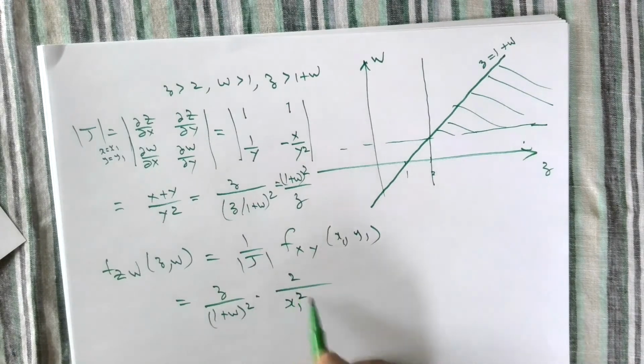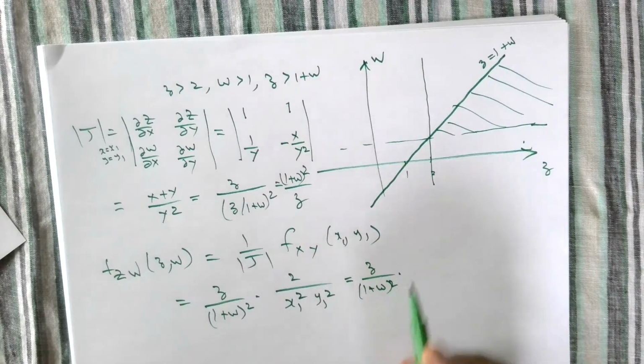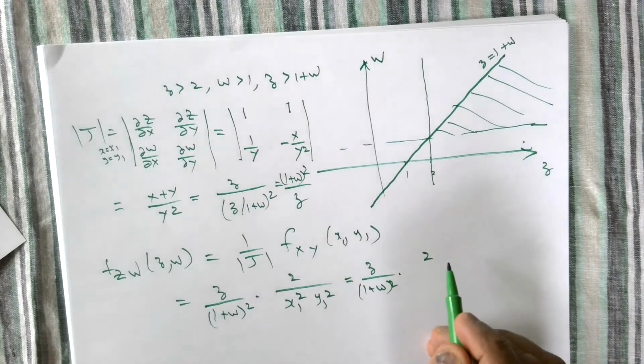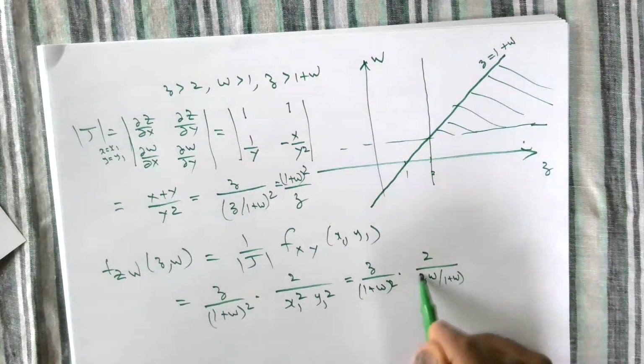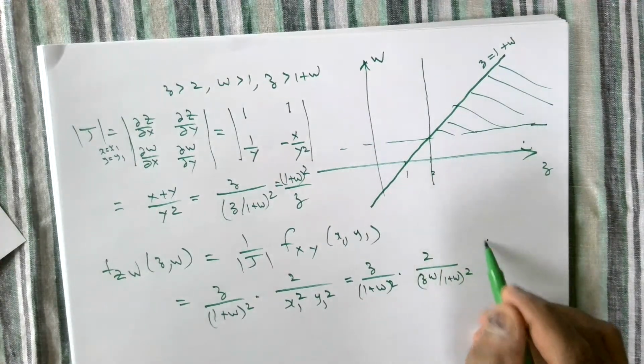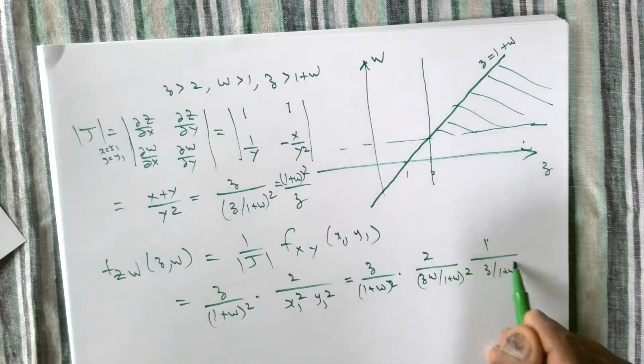This is x1 squared, y1 squared, because that's the given joint density function. So I'm going to substitute for x1. So this is z over 1 plus w the whole squared, 2. And x1 is, from the previous sheet, zw over 1 plus w, the whole squared. And y1 is z over 1 plus w the whole squared.